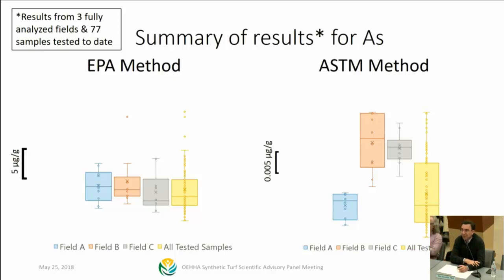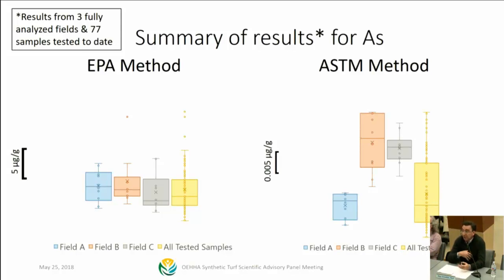The units are different, so we're not comparing levels between one method and the other, we're just comparing the distribution. In each of the fields we have all 10 data points, and you will see that the majority of them fall well within the 1.5 interquartile distance.